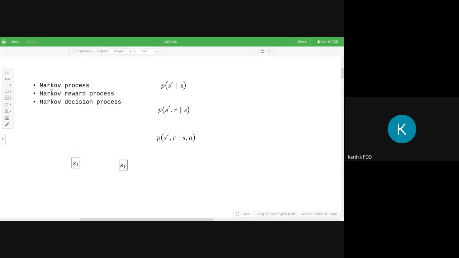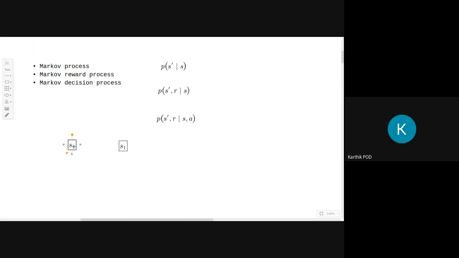Let's start from the Markov process. How will a Markov process look? You will have two states and transitions between them. So you could have S1 to S2, S2 to S1, and of course you could also have S1 to S1, so you could have self loops.